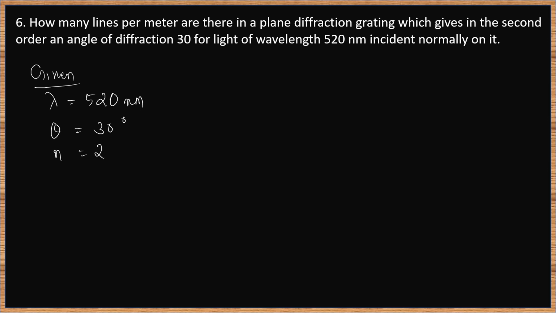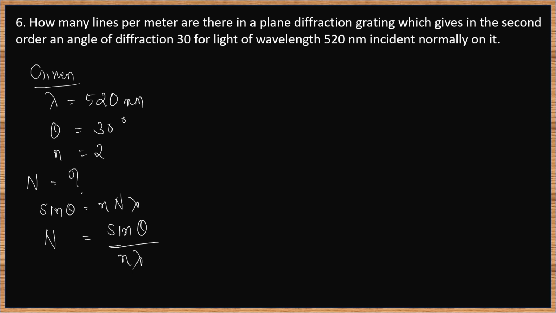We need to find how many lines per meter are there, that is N, the number of lines per unit length, in meter. We have the equation N sin theta is equal to n lambda, so N is equal to sin theta by n lambda.